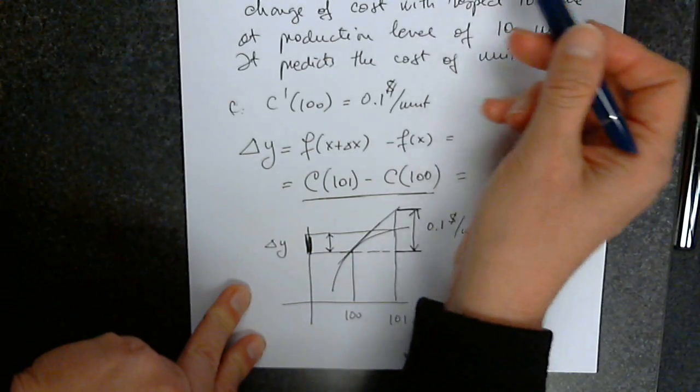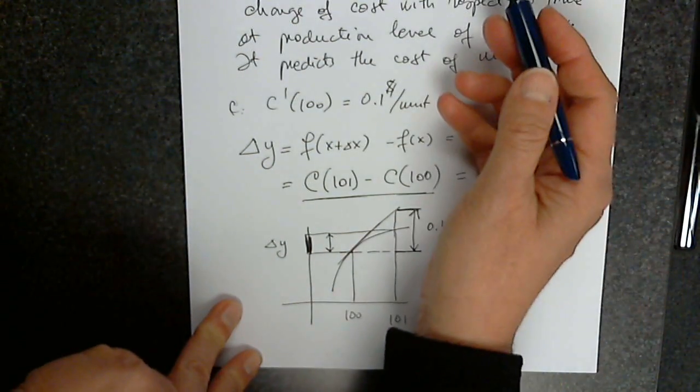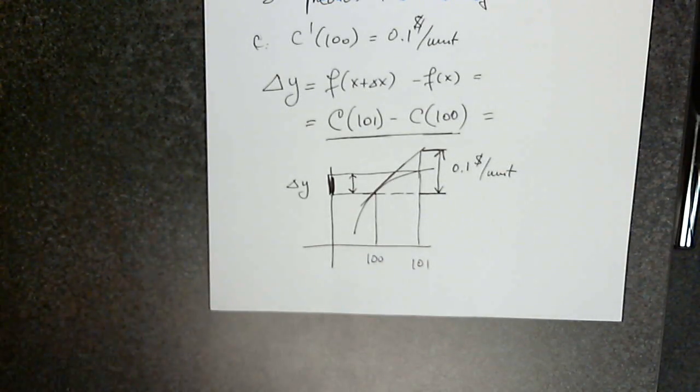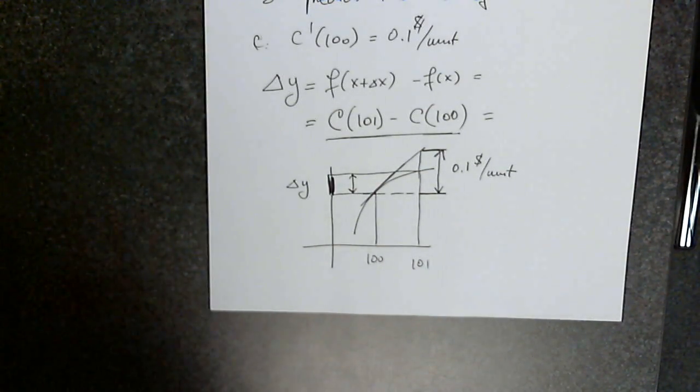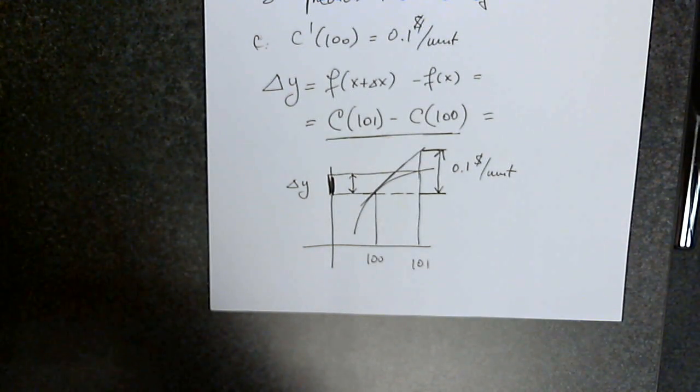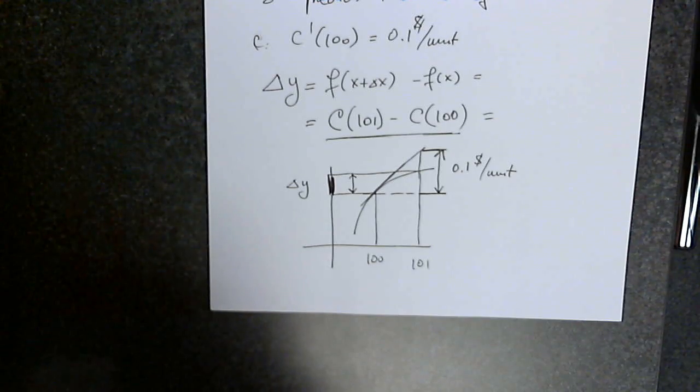I'll plug 101 into the function. I plug in 100 into the function and subtract them. So 920 plus 2 times 100 minus 0.02 times 100 squared plus 0.00007 times 100 to the third.